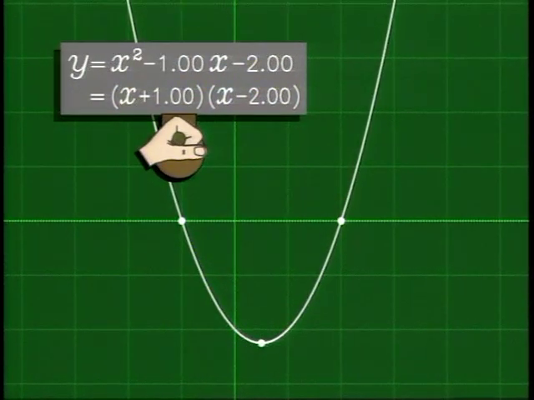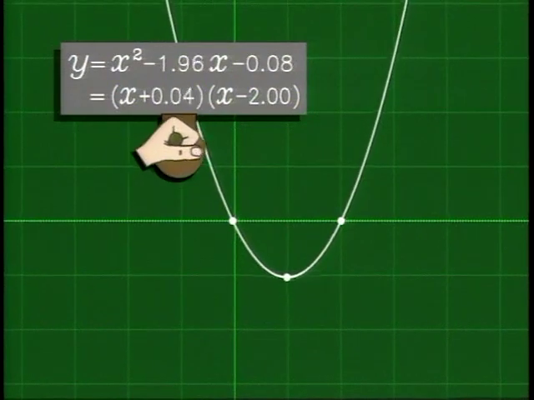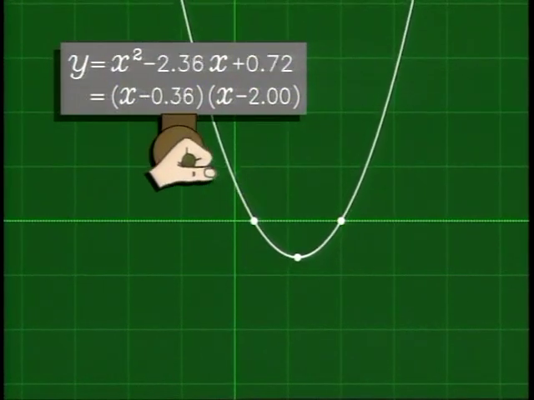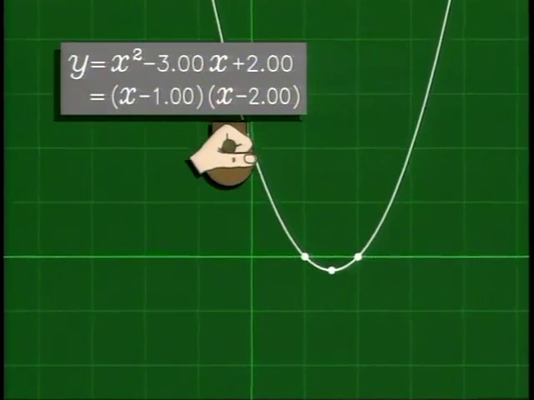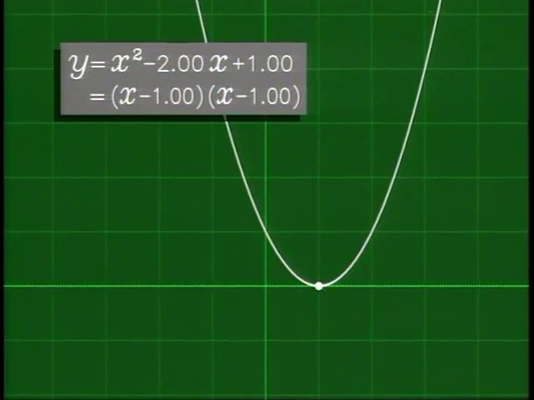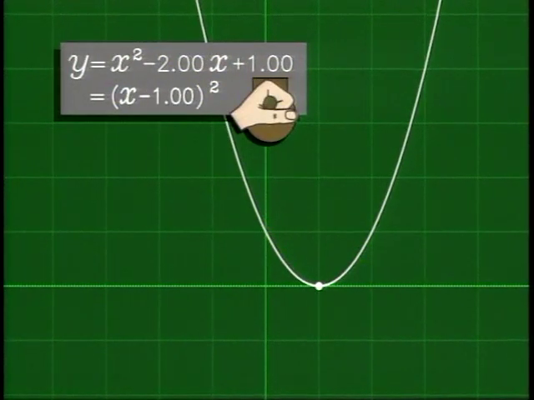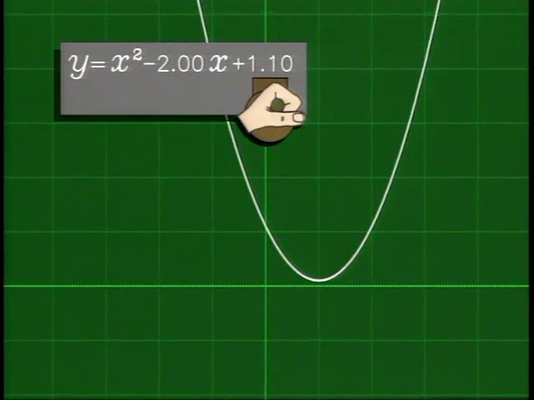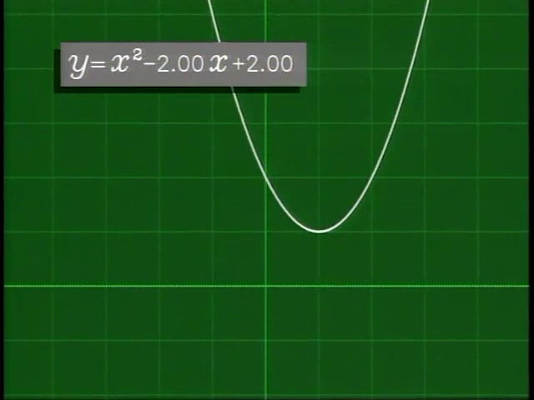The lowest point on the parabola is always midway between the two zeros. When the two zeros coincide, the lowest point is on the axis, and we say the quadratic has a double zero. When a quadratic has no real zeros, like this example, it cannot be factored into real linear factors.